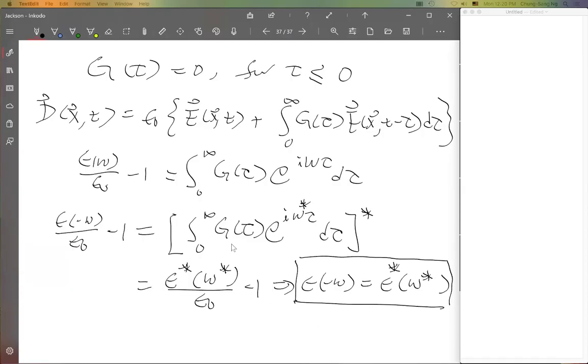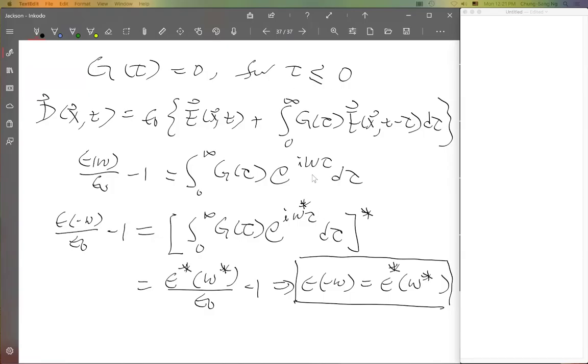Okay, and this has a consequence for the structure of this function on the complex plane, because we require this G to be 0 for negative tau.